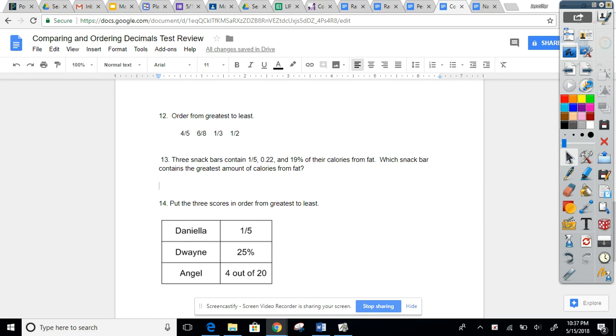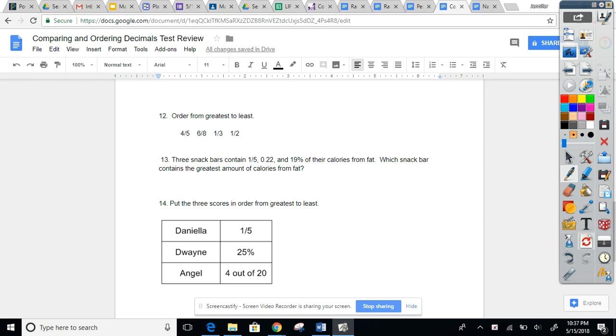Okay. For number 12, you can either convert them all to fractions with the same denominator or convert them into decimals. I prefer decimals. I just think decimals are easier to see and compare. Please notice this is greatest to least. So fraction bar means to divide. So I find it easiest to convert them all to decimals. Some of these should just be automatic, okay?